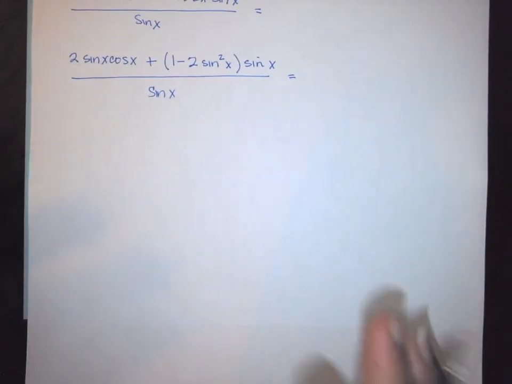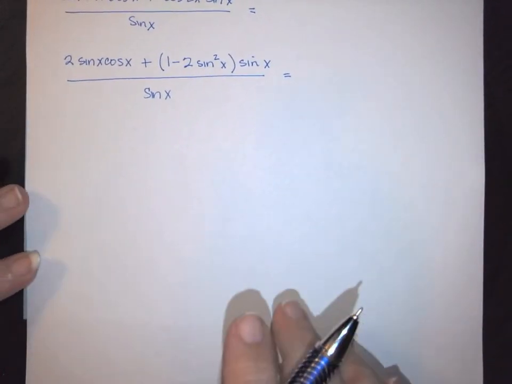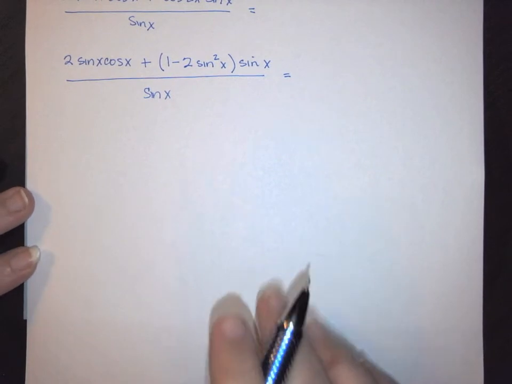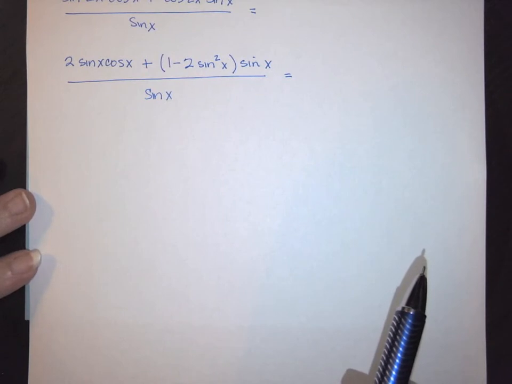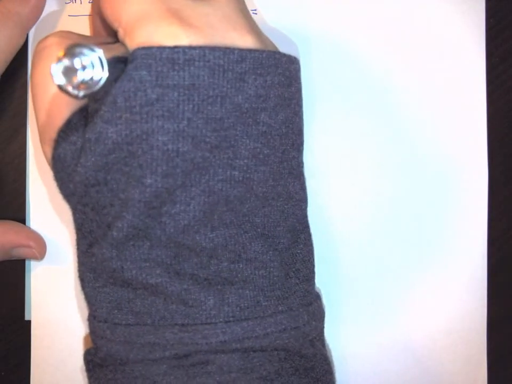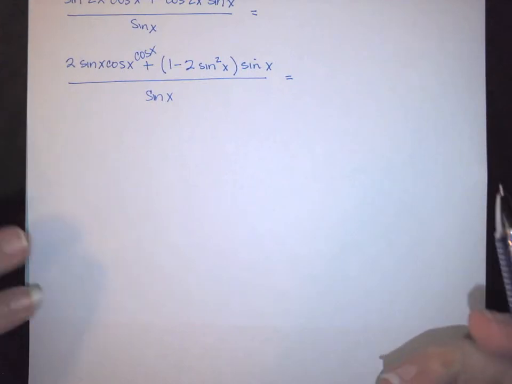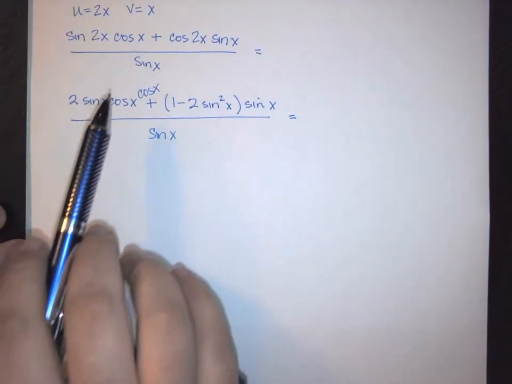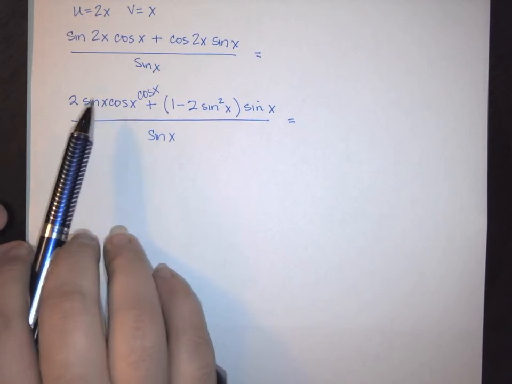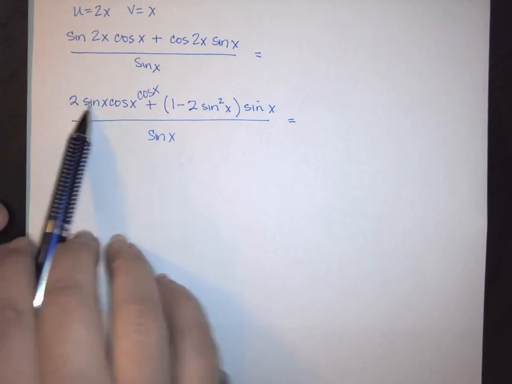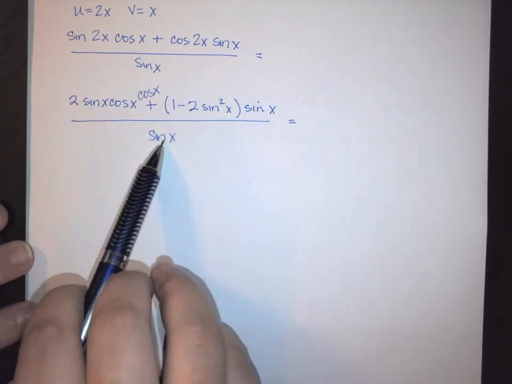Alright, so we still have some issues, and so let's see if we can try and work them out a little bit. First things first, I forgot my cosine. So first things first is we have to do some simplifying here. I have a sine and I have a sine, and I've got a sine on the bottom.